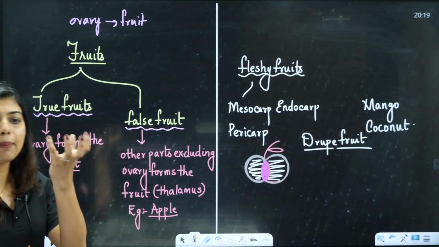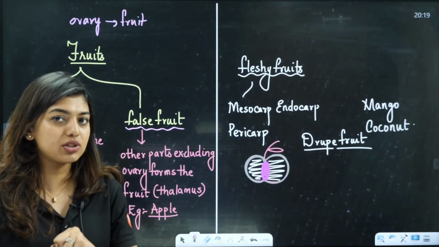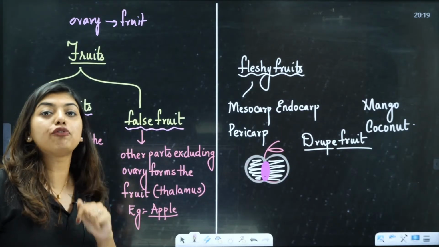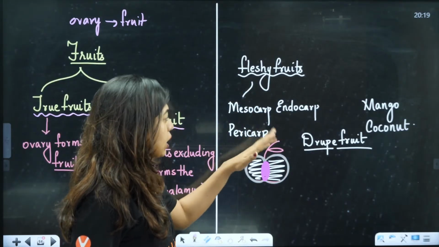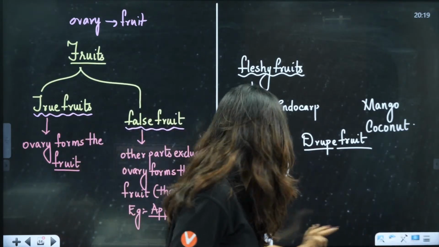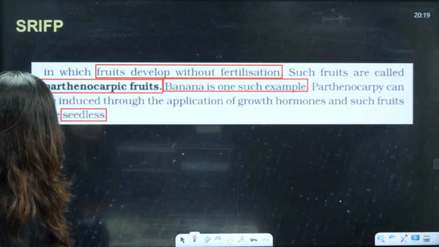Example, apple. What you are eating is the thalamus. So apple is a false fruit. Here fleshy fruit has mesocarp, endocarp, pericarp, which is again not required now.